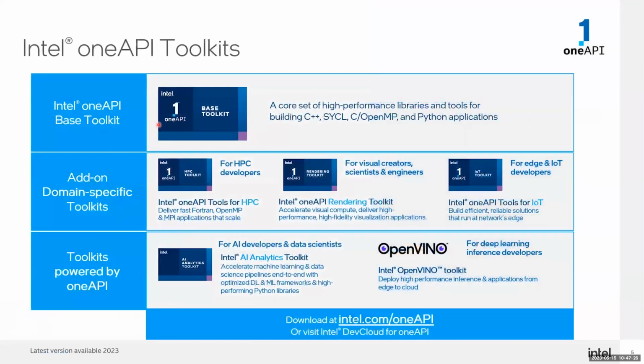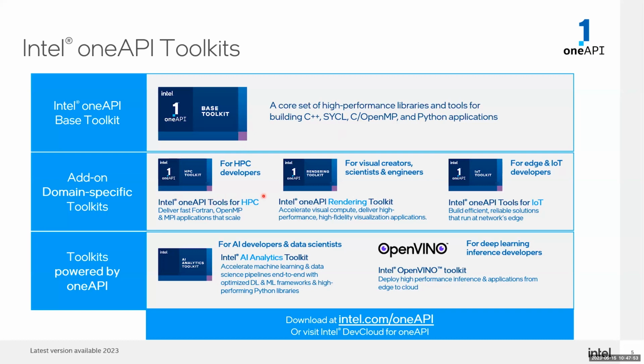The oneAPI toolkits are free to download. The best way is to just Google oneAPI base toolkit download, and you'll be able to download it onto your Windows or Linux machine. It gives you a brief overview here of what each of these toolkits contains. The base toolkit will have the basic programming languages and the compilers that you need.